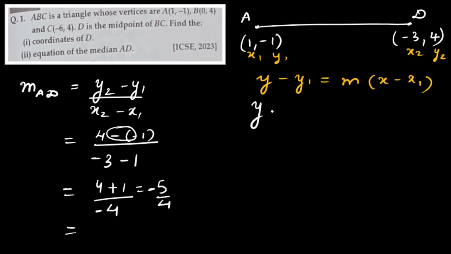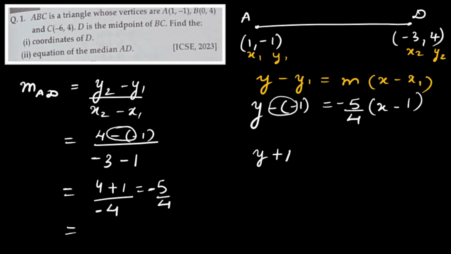So y minus y1, y1 is minus 1, m is minus 5 by 4, and x minus x1, x1 is 1. This minus minus will change to plus. So y plus 1 is equals to minus 5 by 4 into x minus 1.